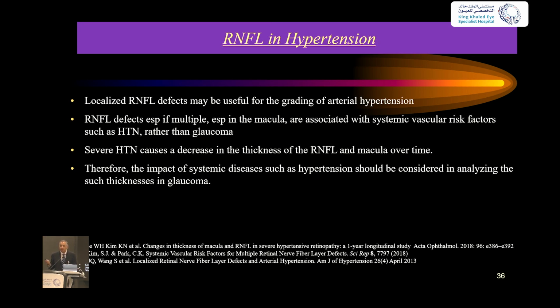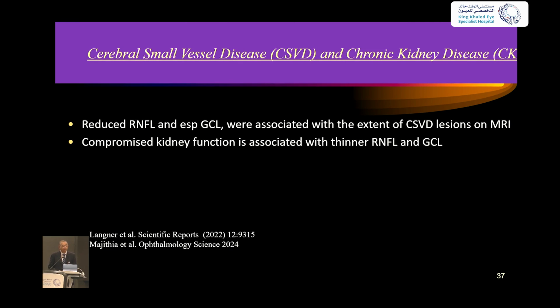And mind you, most patients with primary open-angle glaucoma have high blood pressure. And they also have cerebral small vessel disease. And they also have compromised kidney function. They are all associated with slow, progressive loss of the nerve fiber layer and the ganglion cell layer.